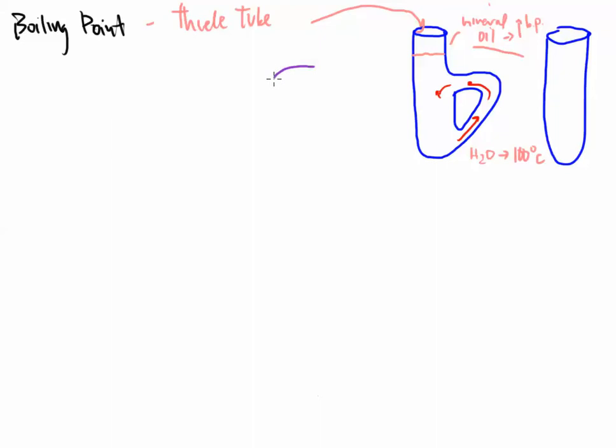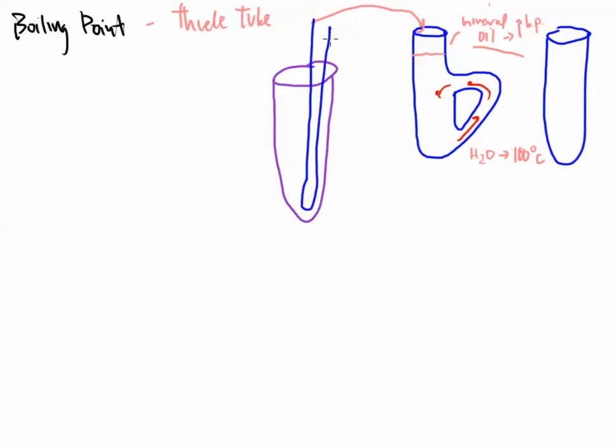What will happen is that you will gather a larger test tube, and inside of this test tube you will place a thermometer. So there's my thermometer and the thermometer bulb. So I've got my thermometer down here in the bottom, and then other than the thermometer, you're also going to take a capillary tube just like you did last time, and you're going to put it into the test tube.